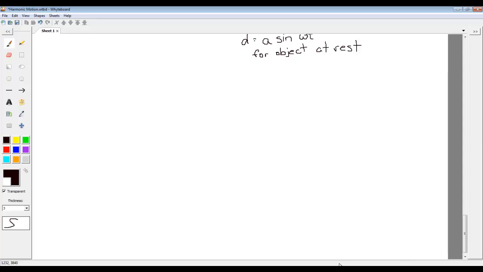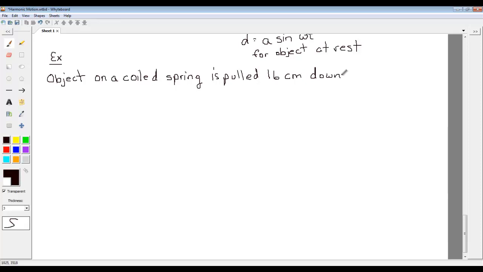So you have an object on a coiled spring, pulled down 16 centimeters from equilibrium, so from d equals 0.